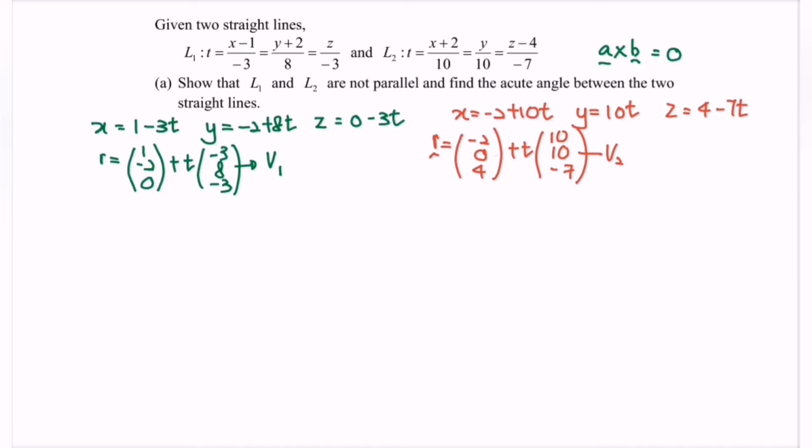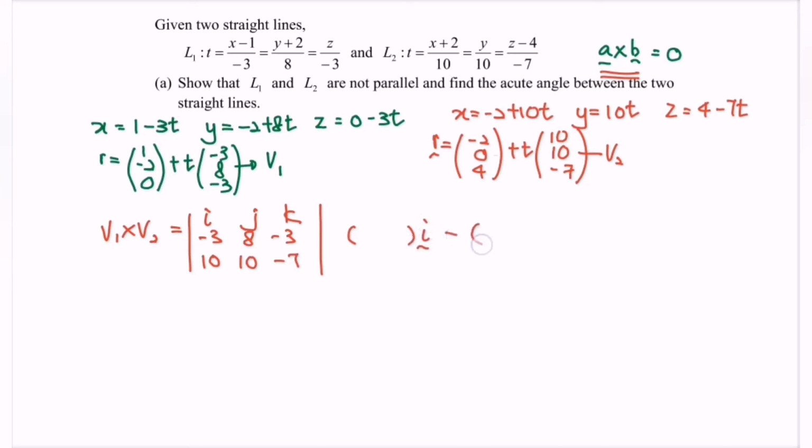So next what we have to do is to have V1 cross V2. So here we have i, j and k. Kindly substitute (-3, 8, -3), continue with (10, 10, -7). In order to find i, we have negative 56 plus 30. For j, we have 21 plus 30.